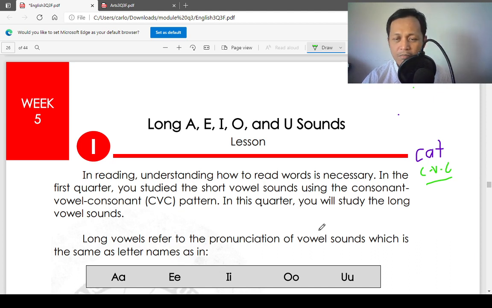Now let us focus on this new lesson, which is the long vowels.